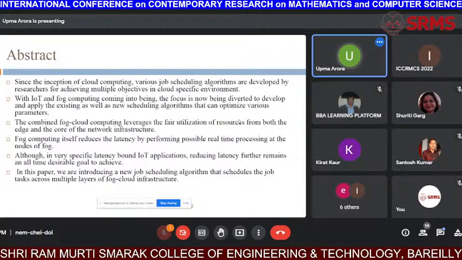Cloud computing can manage these situations, but the distance between such applications and the cloud data centers creates havoc when latency is concerned. For handling such scenarios where cloud alone cannot handle latency-sensitive and real-time data analytics, fog computing comes into the picture. Fog computing works in between cloud computing and IoT applications.